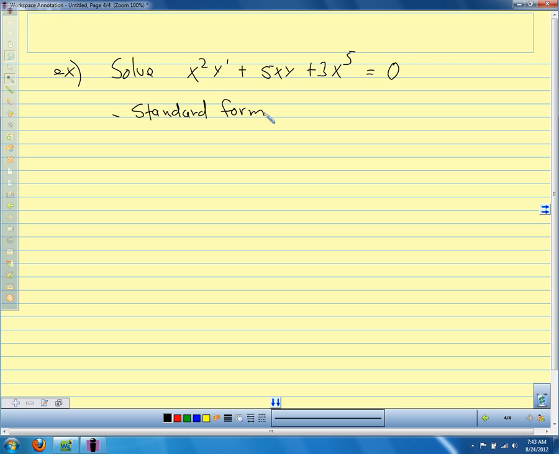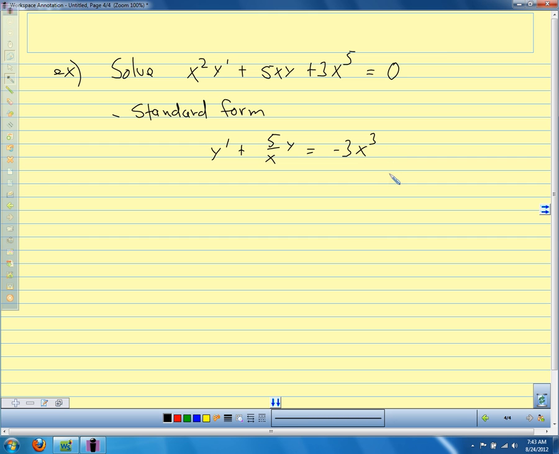So if I rewrite this in standard form, I'm going to subtract 3x to the fifth from both sides and then divide by x squared. So I get y prime plus 5 over x y equals minus 3x to the third.